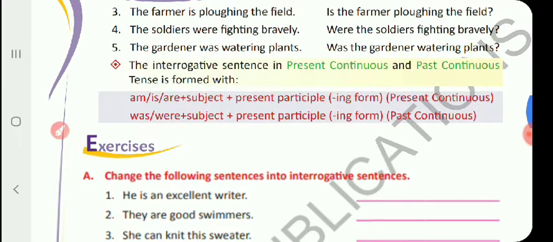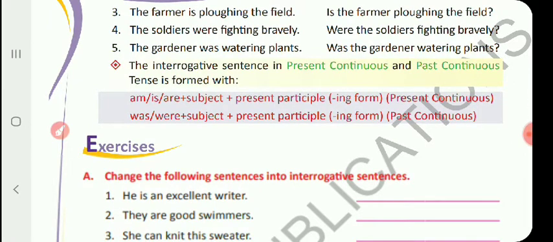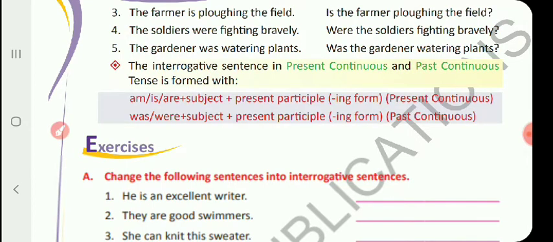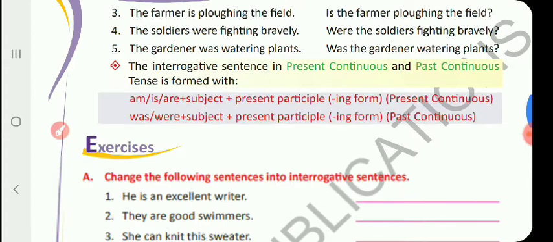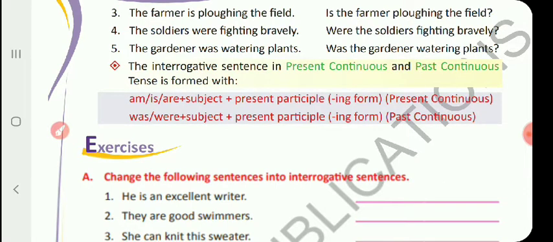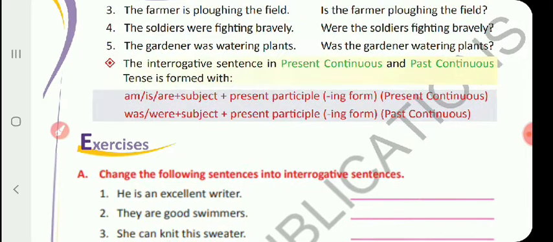If the subject is plural, write the plural helping verb are plus subject plus present participle form of the verb. Now past continuous. If the subject is singular, take the singular helping verb was plus subject plus present participle form of the verb. If the subject is plural, take the helping verb were plus subject plus present participle form of the verb.